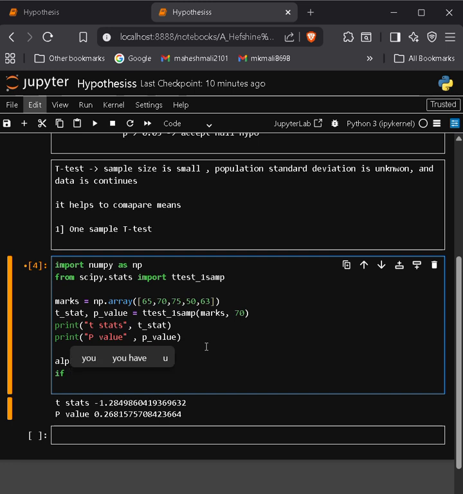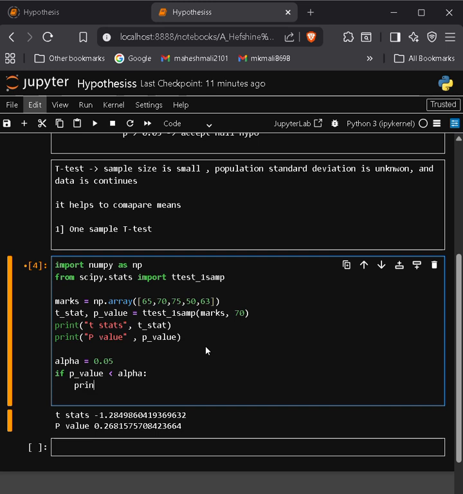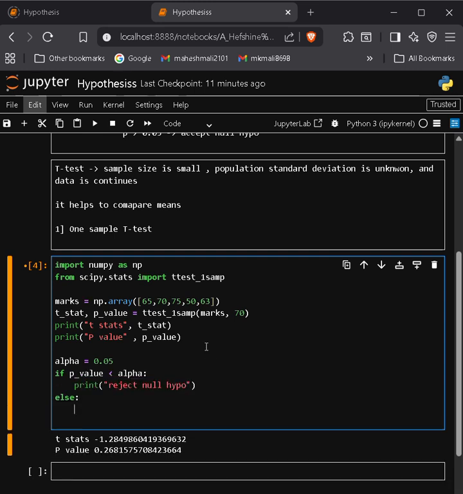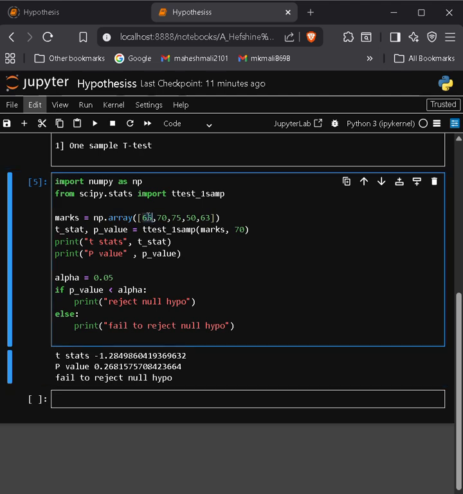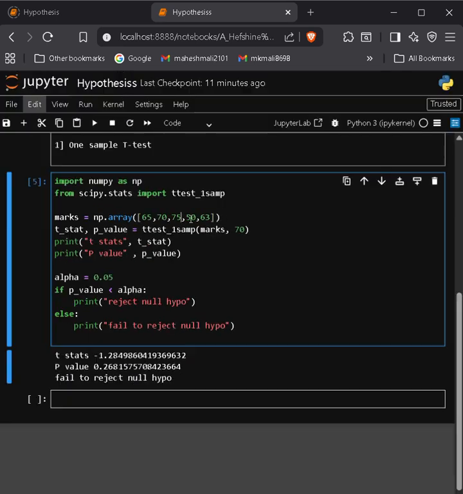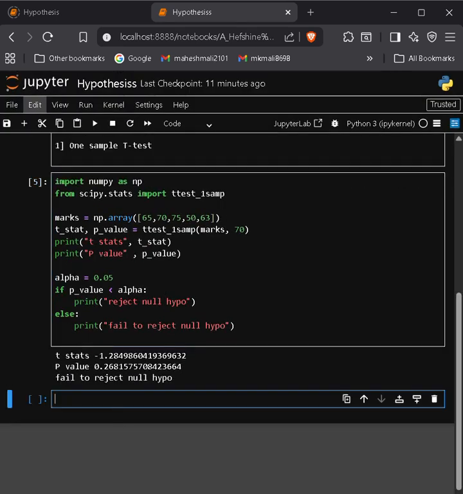If p-value is less than alpha, then print reject null hypothesis. And the second one is else, print fail to reject null hypothesis. We see fail to reject because we consider outliers also, not outliers but a far difference between them.